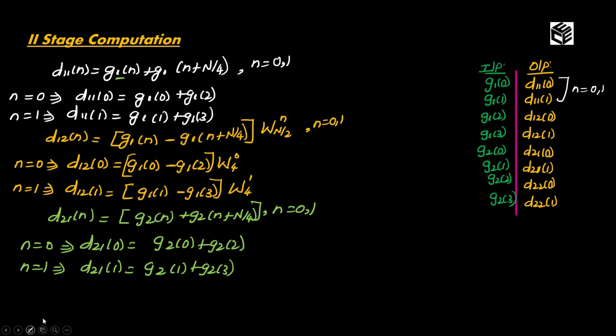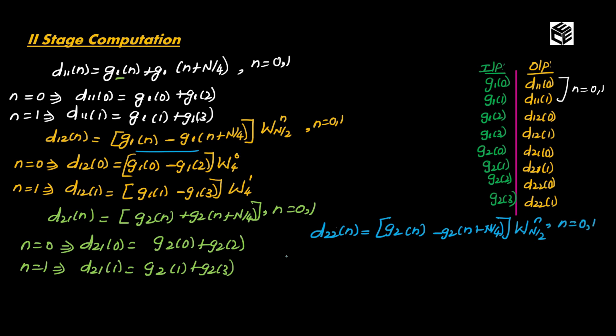Now I am going to find the expression for d22 of n. So for d22 of n, my expression will be opposite to this expression, right? So that is g2 of n minus g2 of n plus N by 4 multiplied by the twiddle factor W_(N/2) to the power n, where the value of n is 0 and 1. I am going to apply n as 0.